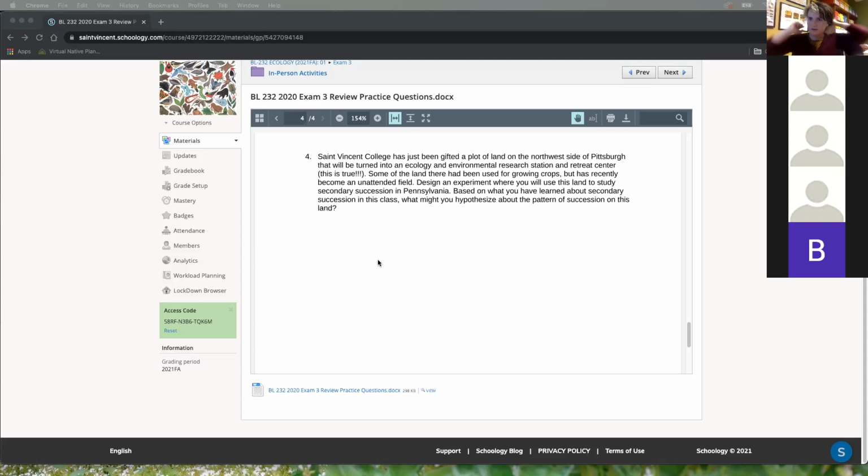Okay, so this hypothetical question is based on a real life scenario. Has anybody in here been to, I was thinking maybe some of the environmental science majors, have any of you been to the Betty Smith Center? Dr. Kellum took some of us there. Is that the farm place? Is it a farm?